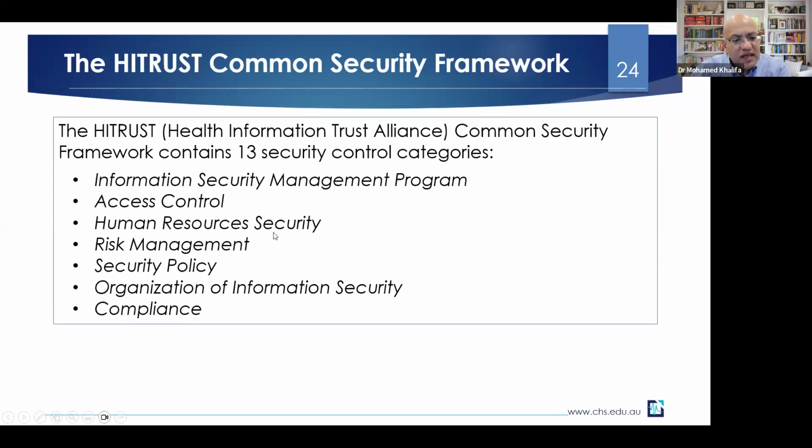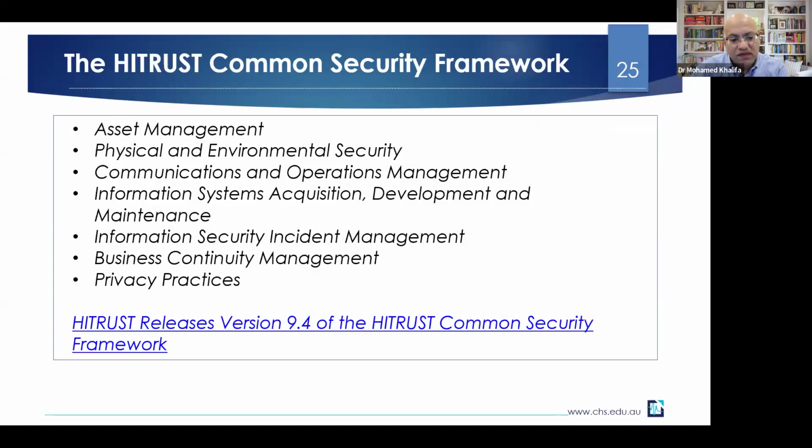So HITRUST, the Health Information Trust Alliance, has a common security framework, which includes 13 security control categories like information security management programs, access control, human resources security, risk management, security policies, organization of information security, compliance and asset management, physical and environmental security, and so on.